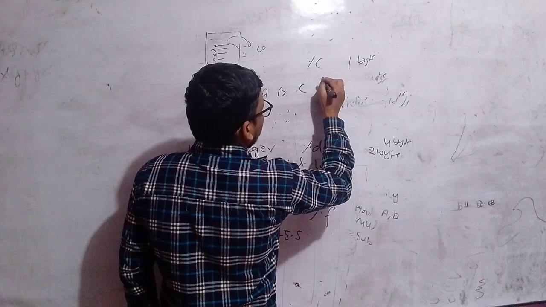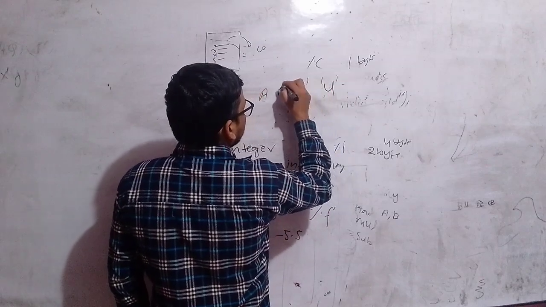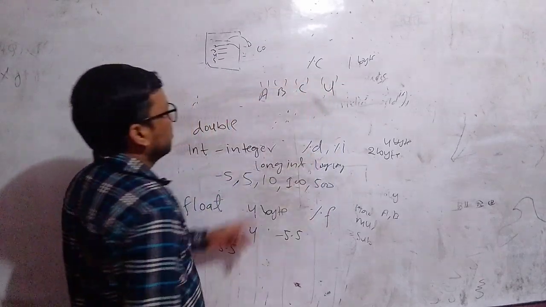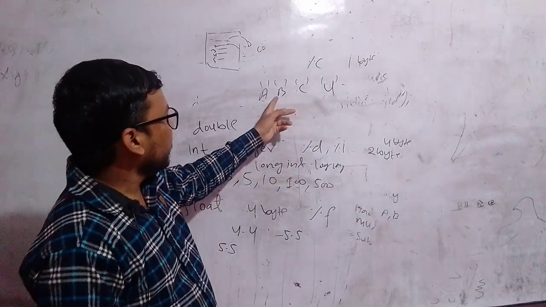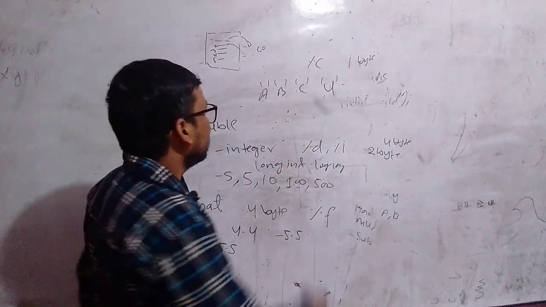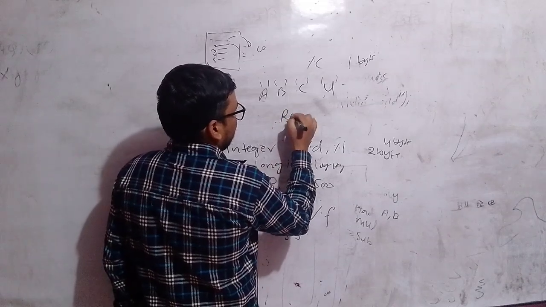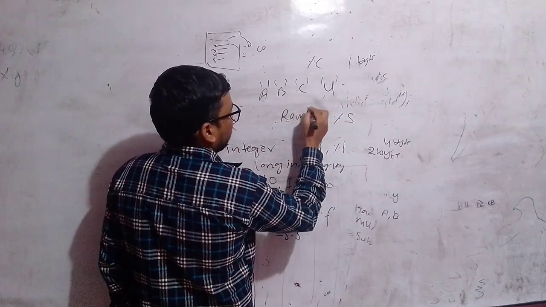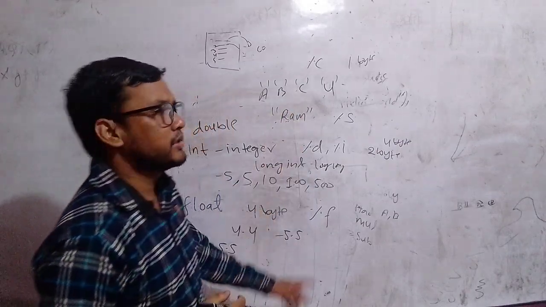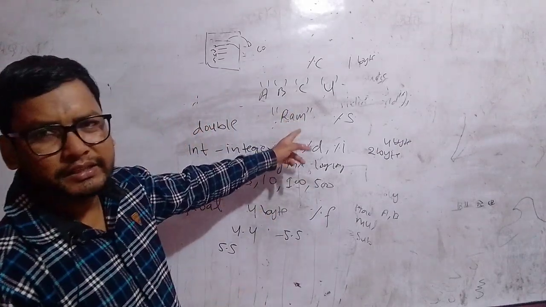We represent a character by using single quotation marks. We write the character inside the single quotation marks. A sequence of characters is called a string. %s is used to represent the string. We use double quotation marks to represent the string.